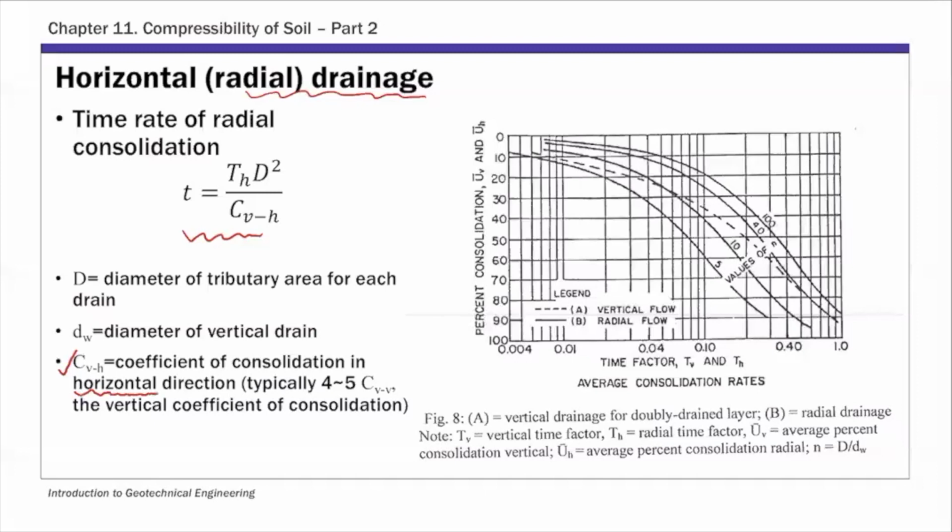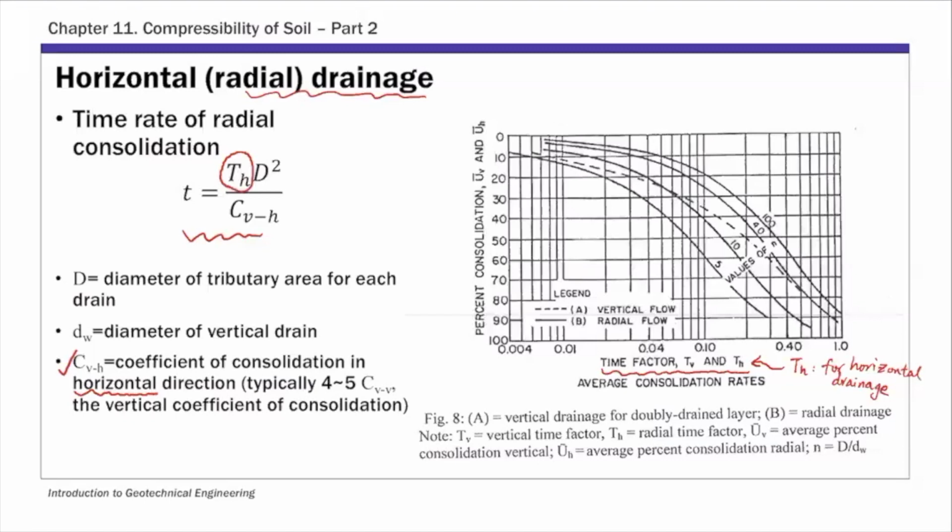On the right-hand side, if you think of the Terzaghi solution, this is the solution for the horizontal drainage case. We have time factors, T sub V and T sub H here. So this is the time factor used in this small t calculation for horizontal drainage.